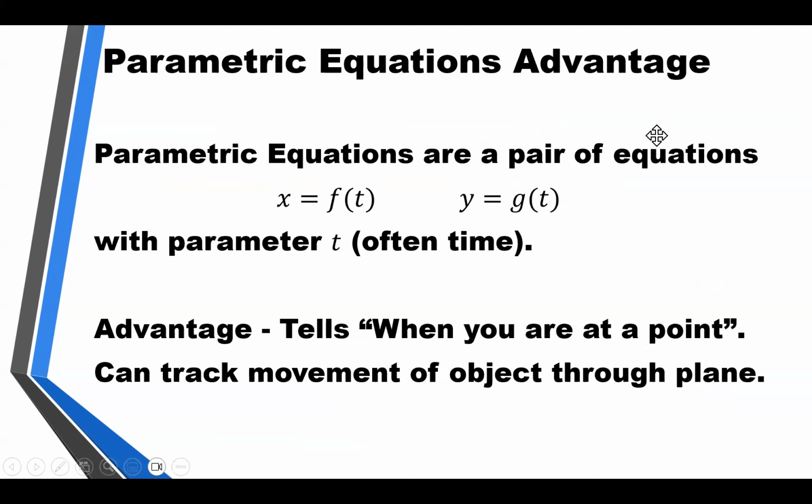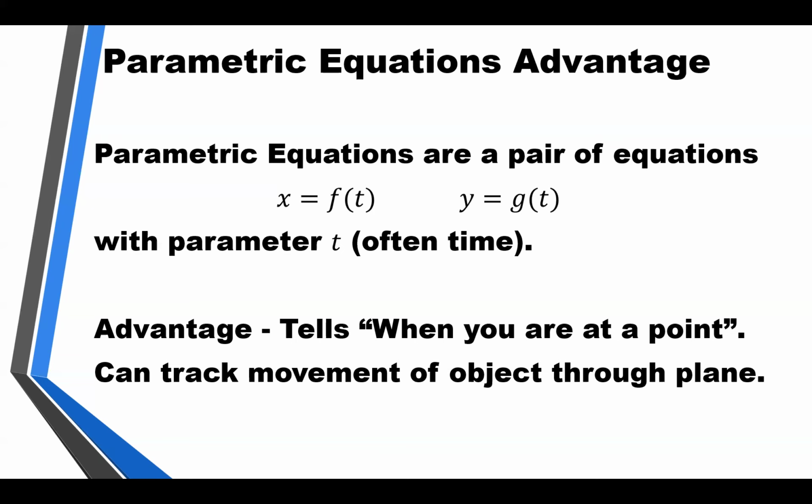Now, let me just go back and state one thing. Remember, the advantage is that we have this new parameter, t. Oftentimes, we think of the t parameter as counting time. So what location are we at a certain point in time?